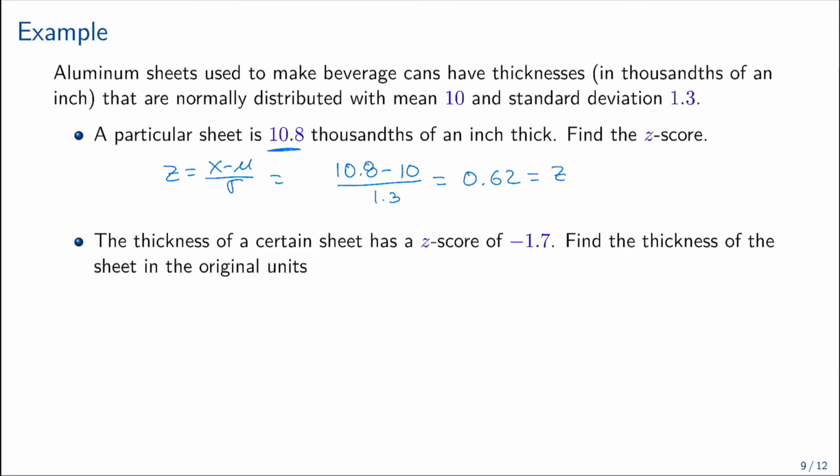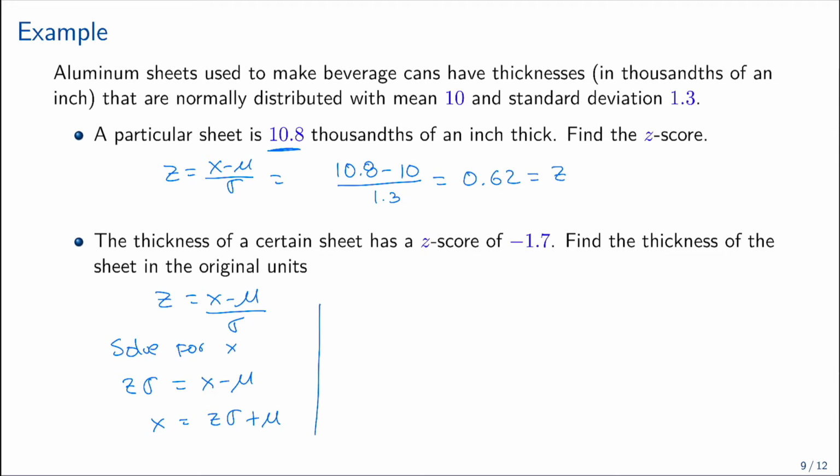Okay, the opposite is also possible. Let's suppose that we have a thickness given as a z-score of minus 1.7, and we need to find the thickness in the original units. We have that z is equal to x minus mu divided by sigma. Therefore, we can solve for x: z sigma is equal to x minus mu, so x is equal to z sigma plus mu.